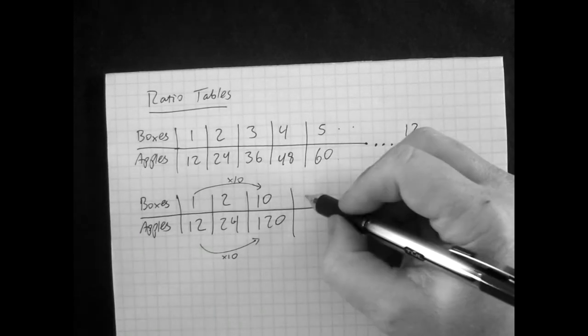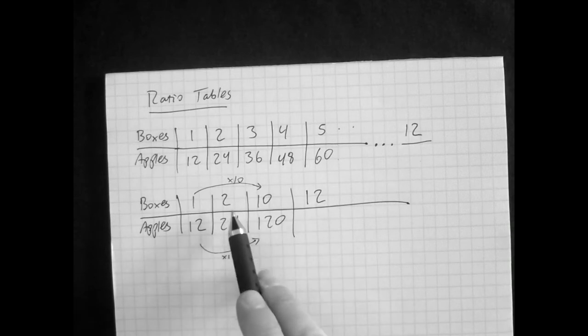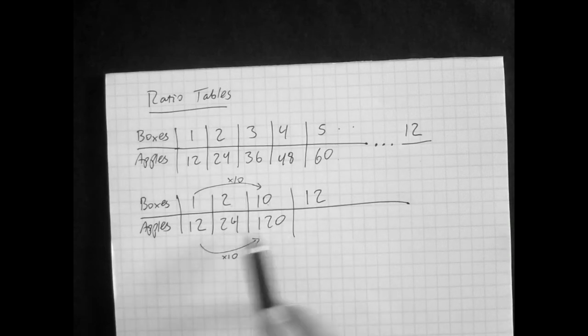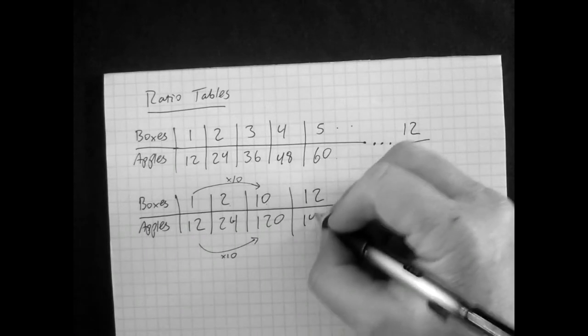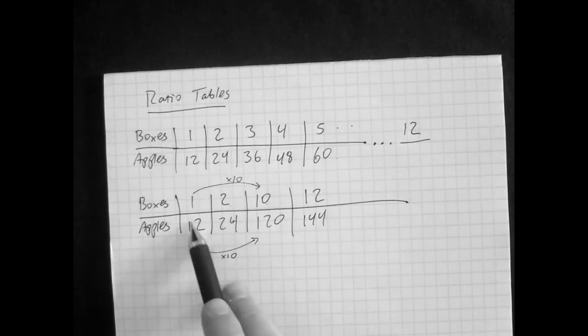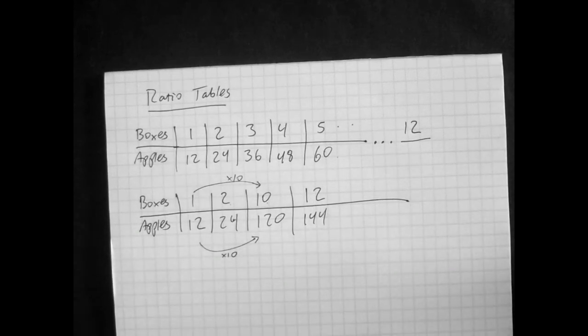Well, then 12 boxes is just going to be however many fit in 2 boxes plus however many fit in 10 boxes. So we've got 120 plus 24. That gives me 144 apples. So that's one way that we might do that, using doubling and addition to find a shortcut. And what I'm hoping is that eventually we're going to be able to do this type of thing in our head, so that it'll save us some space and time.